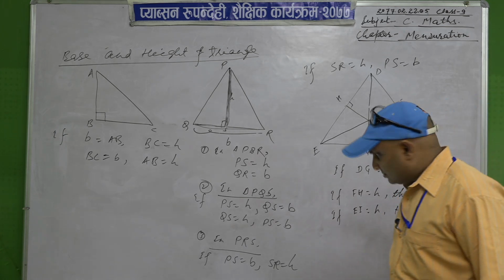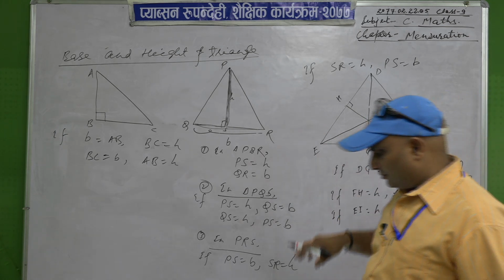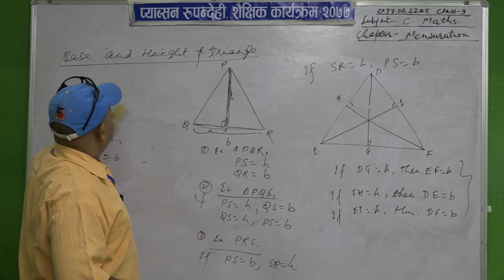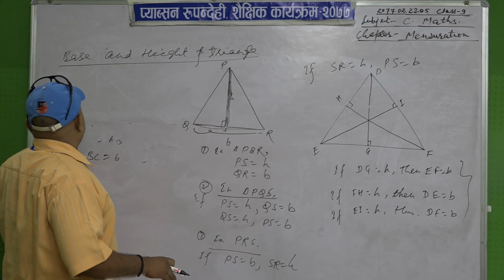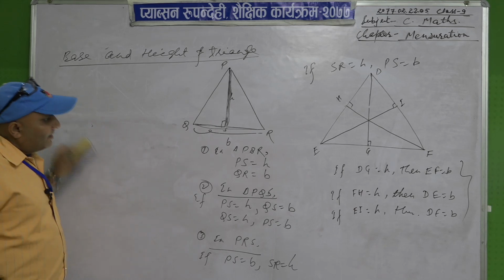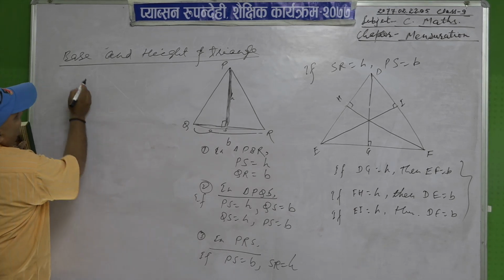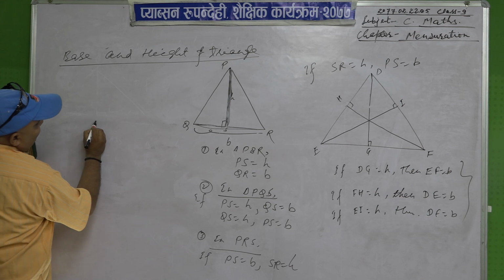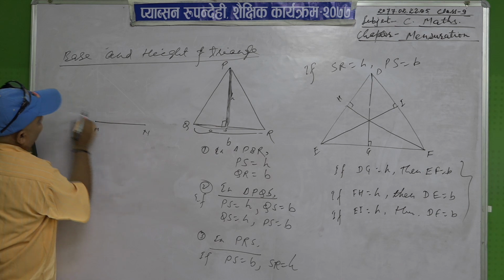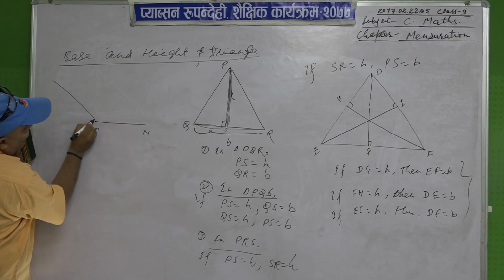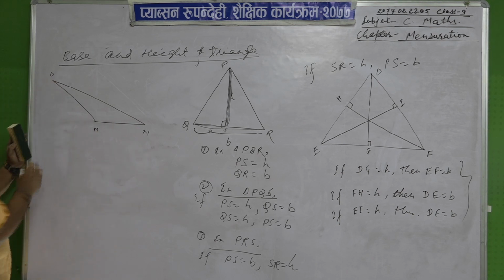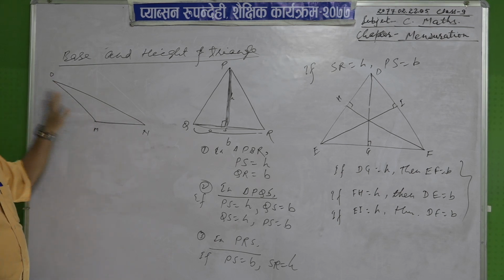Okay. Now, I am going to rub this out and take one more example. Suppose this is M, N, O. This is a triangle MNO.